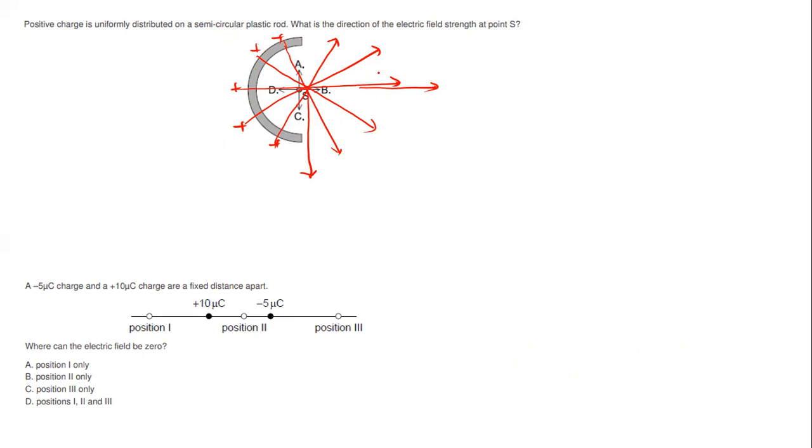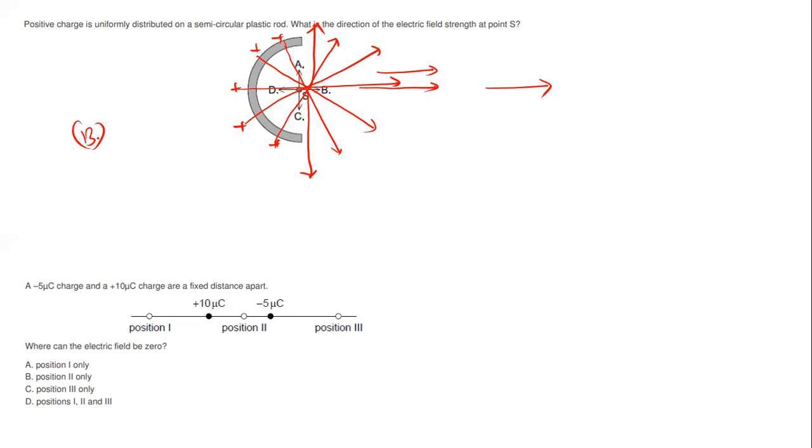Its electric field will be split like this, and also like this. So what is happening? The electric field on the upper part is cancelled by the lower part. Repeating the same analysis, every upper component is balanced by the lower component. That's what gets added up, only the horizontal components. So the net electric field is in this direction. So the answer is B.